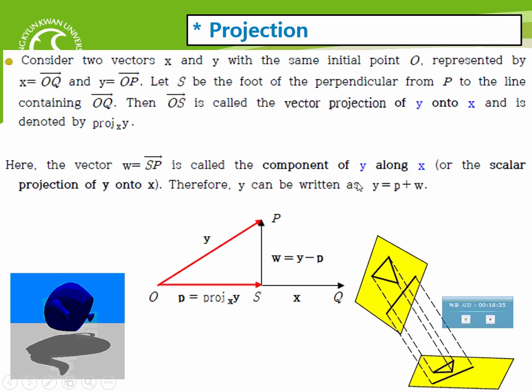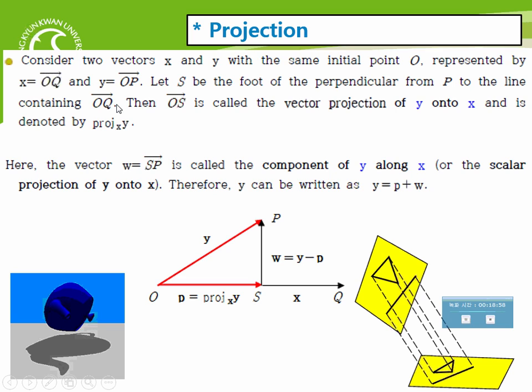The next topic, projection. Consider two vectors x and y with the same initial point O, represented like this. And S is the foot of the perpendicular from P to the line containing OQ. Then OQ is called the vector projection of y onto x, and is denoted by the projection of y onto x.